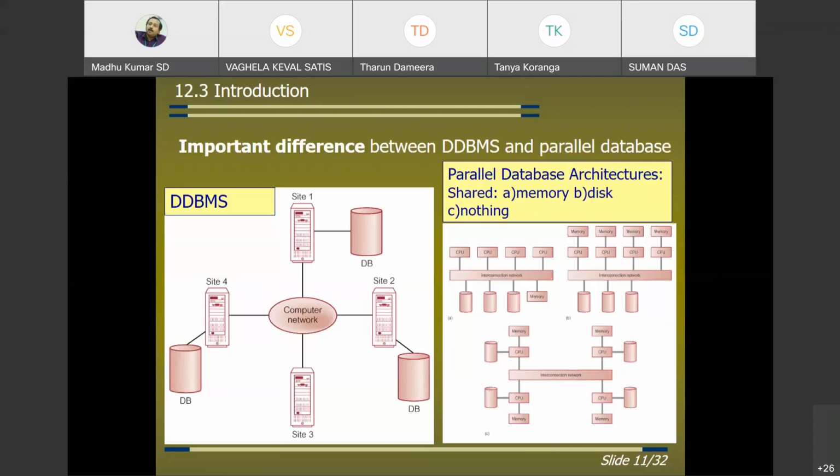Here comes another term, parallel database. You have shared memory, shared disk, and shared nothing architecture. In the first case, you have shared memory; in diagram B, you have shared disk; and finally, you see a situation where you have nothing to share.